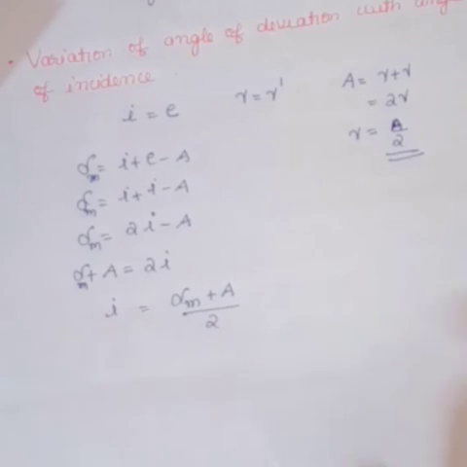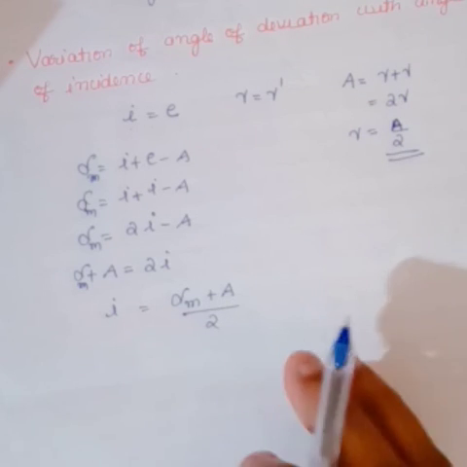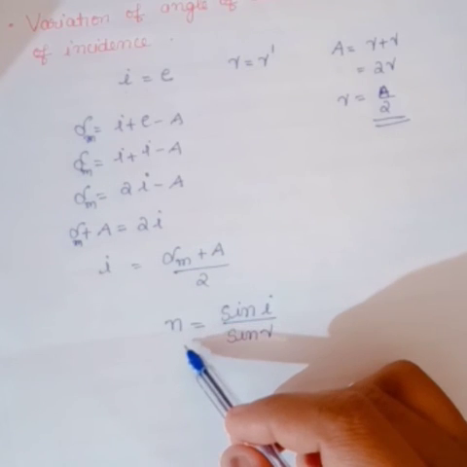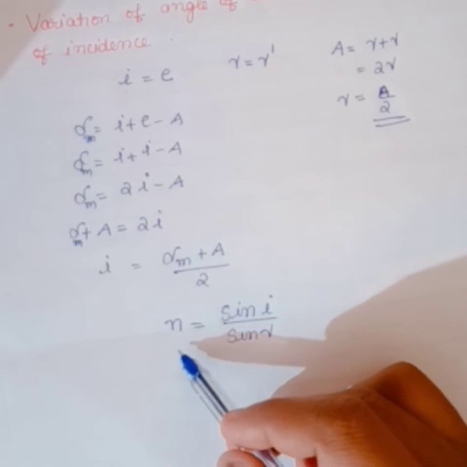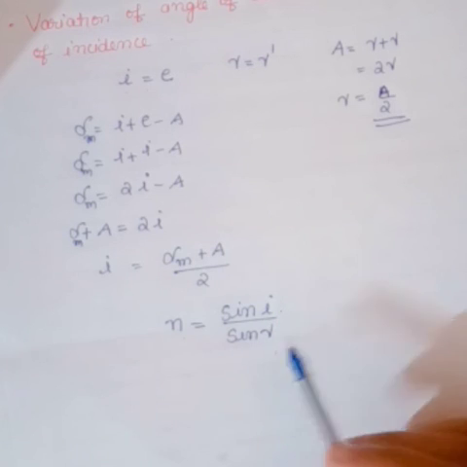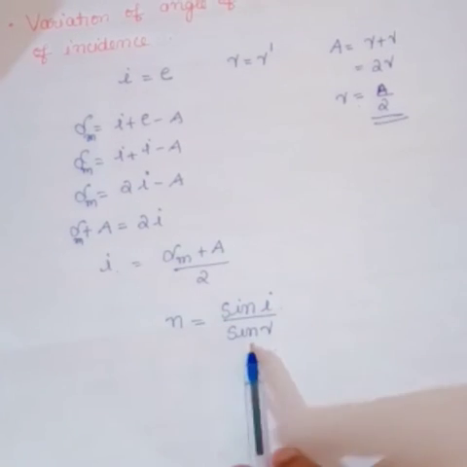Now we have to find the relation between refractive index and the angle of minimum deviation. How can you find the refractive index? Using Snell's law, n is equal to sin I by sin R. Substitute the values of R and I in this equation.